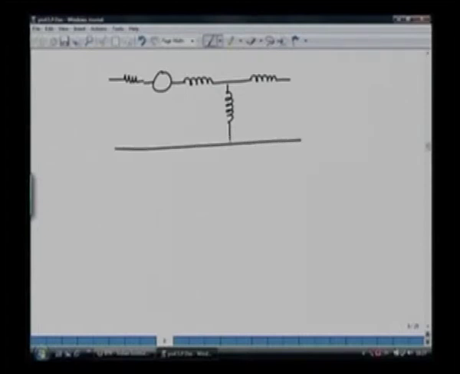So this is the D axis circuit. What we have in this case is, here we have VDS, RS, and this is our magnetizing inductance LM, and this is the stator leakage inductance, this is the rotor leakage inductance, this is the rotor resistance seen from the primary side, and we have the voltage source here, and that represents the rotationally induced EMF in the stator.